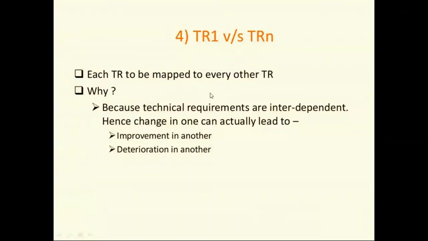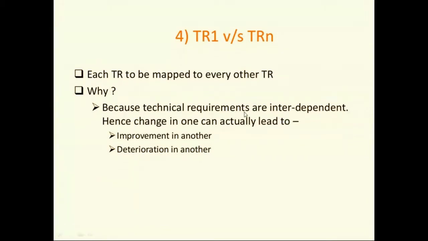The next, fourth step is to get the technical requirement mapping to each and every technical requirement. So you are mapping each technical requirement to each and every other technical requirement. That will answer the question why. Why is it required?